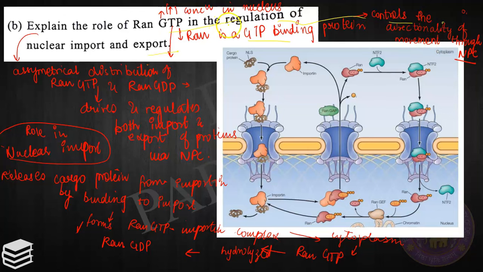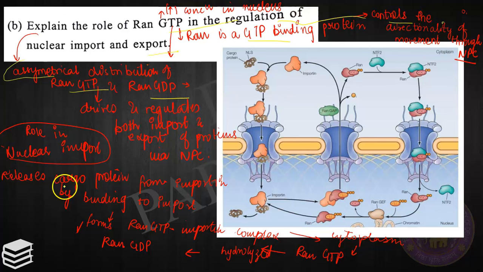There is a high concentration of RAN-GTP in the nucleus, and RAN-GDP is predominant in the cytoplasm. So the asymmetrical distribution of RAN-GTP and RAN-GDP across the nuclear envelope is what drives and regulates both import and export of proteins through the nuclear pore complex.